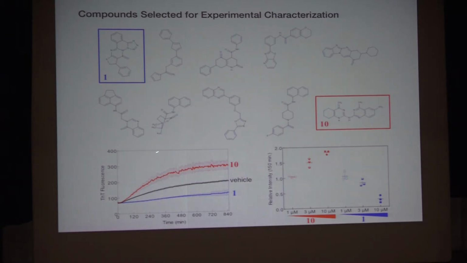Compound 10 appears to enhance the plateau of the aggregation, and compound 1 increases the T50 and decreases the plateau.